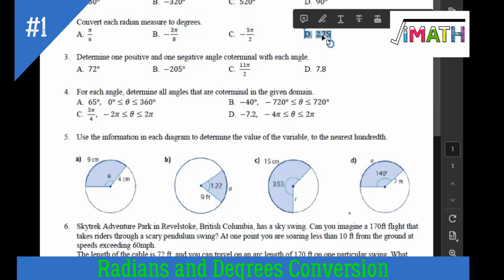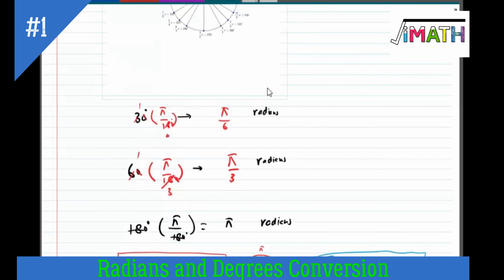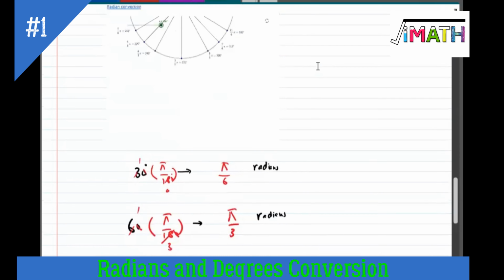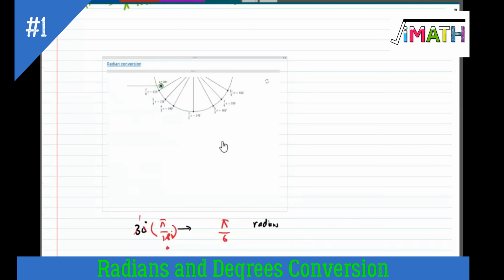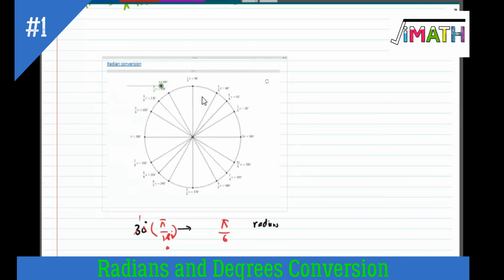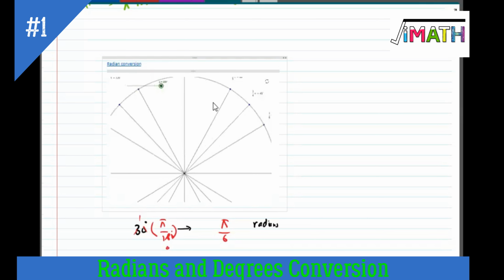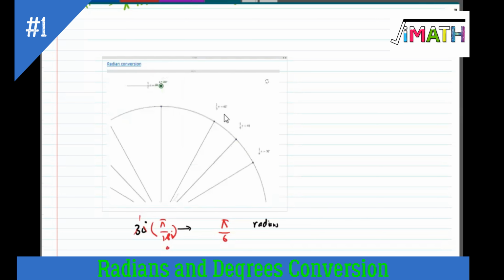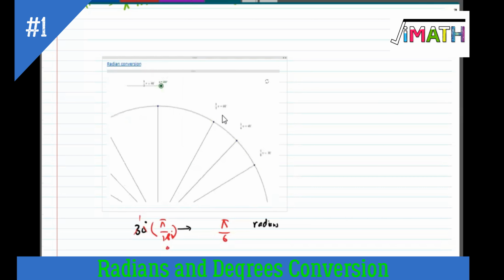And the same thing, by using the calculator, you can interconvert these things. So I want you to reverse all that information, like this circle here. You need to remember these things. If I ask you what is pi by 3, you can tell me that is 60 degrees, right?